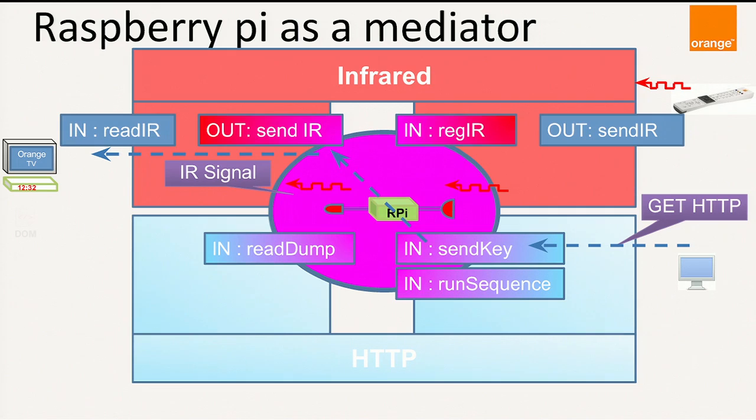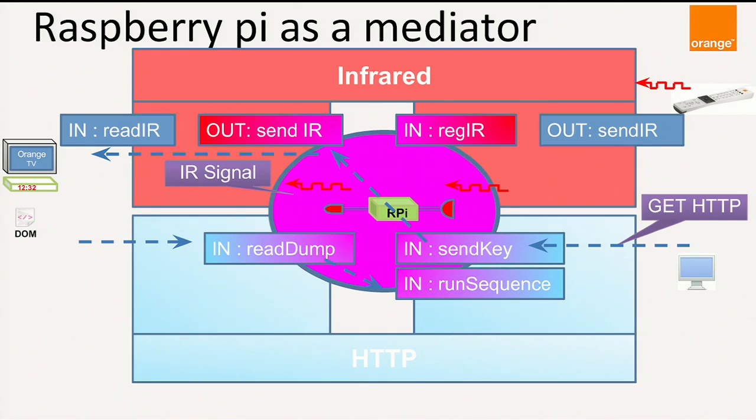And we also add a small hack, in fact, on the business layer, on the application layer on the TV, because we are developers that work on that, so we have the ability to do that. And this small hack, 3 or 4 lines of JavaScript code, just does one thing. It retrieves the content of the main window and is able to send it back to the Raspberry Pi.